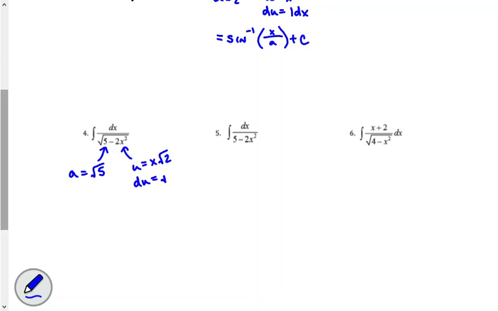I have root 2 dx, right? Okay. That means on the outside I have to put a 1 over root 2 because I have a du. And then this is inverse sine or inverse tangent. This one with the root and the minus is inverse sine. And then it's u over a. You don't have to rationalize.